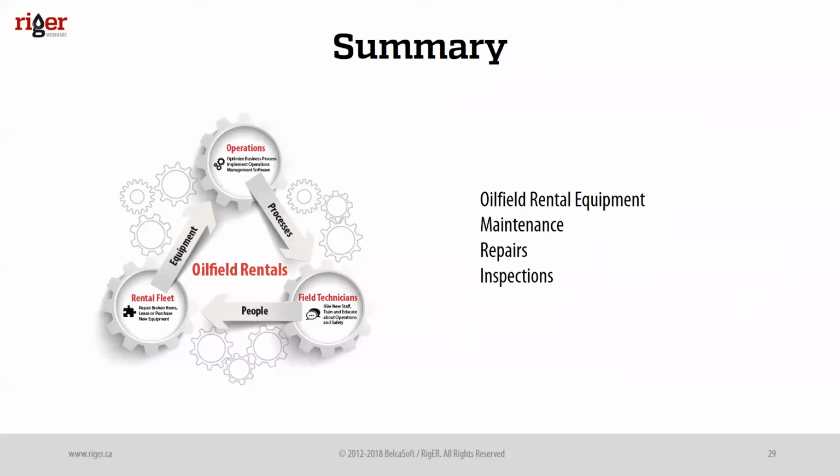It really depends on the company needs and how the particular business process is designed. And RigER is very flexible, and we can set up maintenance, repairs, and inspections working together. Or if for some items you require only maintenance, or some items you require only inspections, it's possible to set this up.